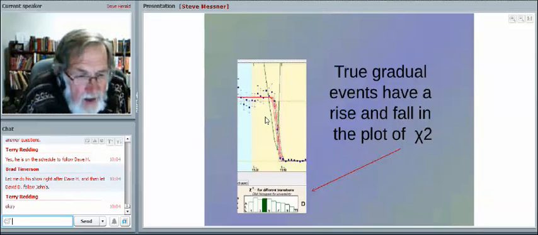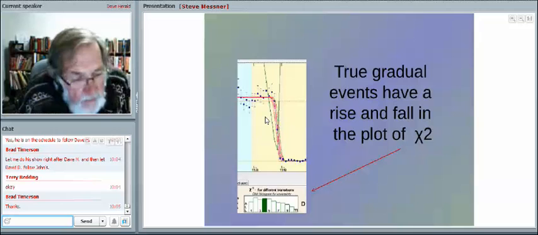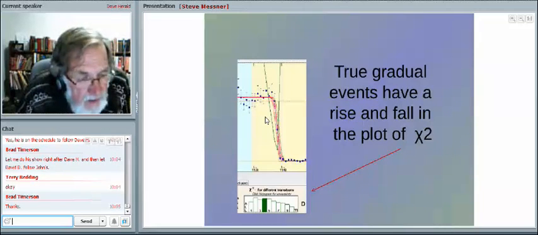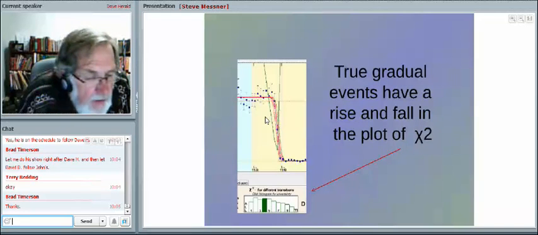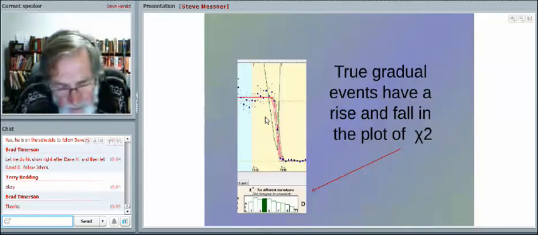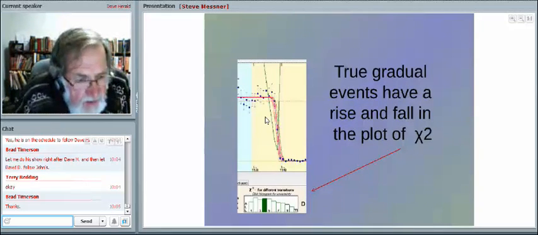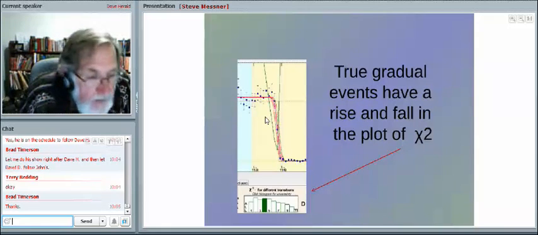With a true gradual event, the plot of chi-squared rises and falls like that, whereas if it's a step event, a sudden drop, the chi-squared plot for different transitions is quite horizontal. Chi-squared is quite insensitive to the slope when the event is a sudden event, but when it's a true gradual event, you have this rise and fall quite apparent.